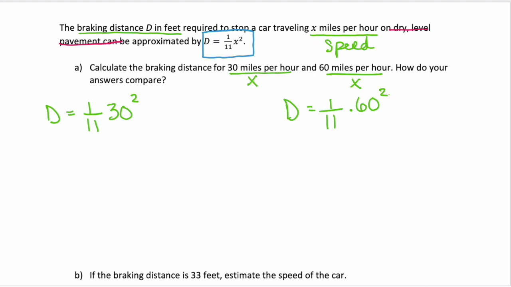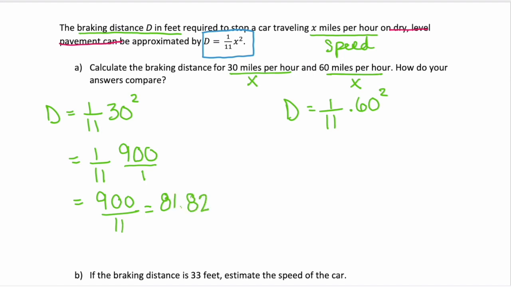So if we do the first, 30 miles per hour, we know that 30 squared is 900. And then we do 900 divided by 11 because this is the same as 900 over 1, and you multiply straight across. So 900 over 11 equals 81.82, or it's approximately equal to 82.